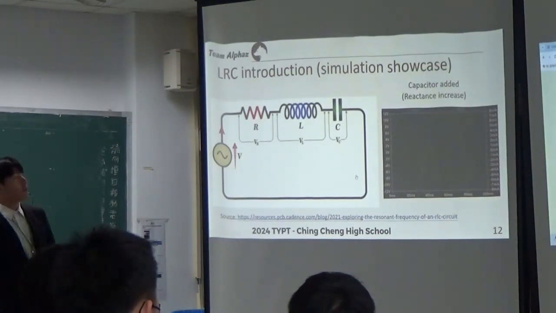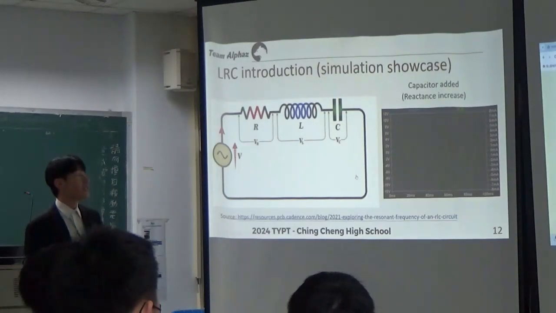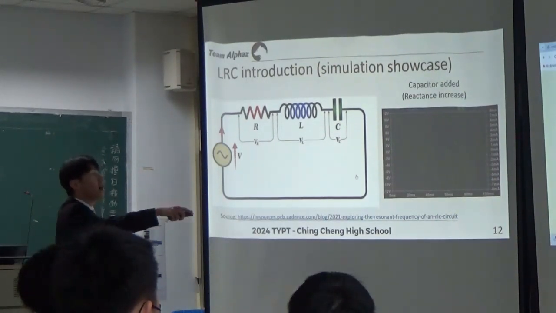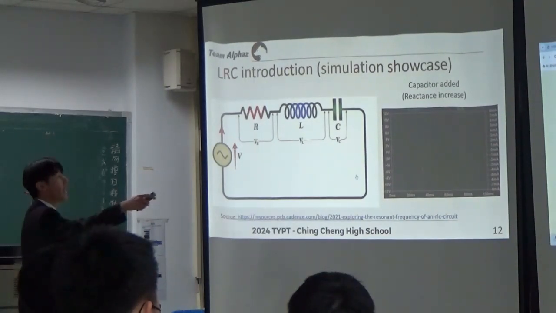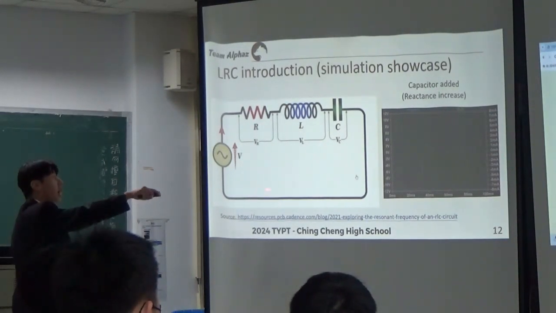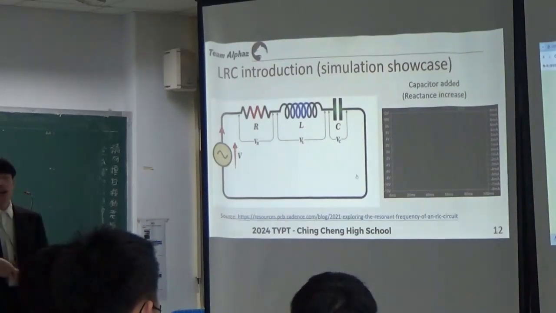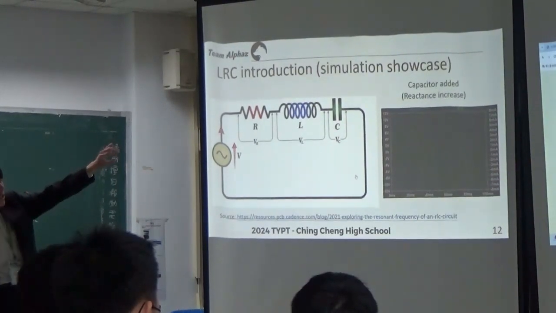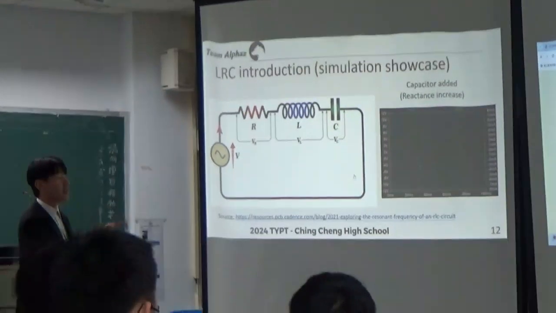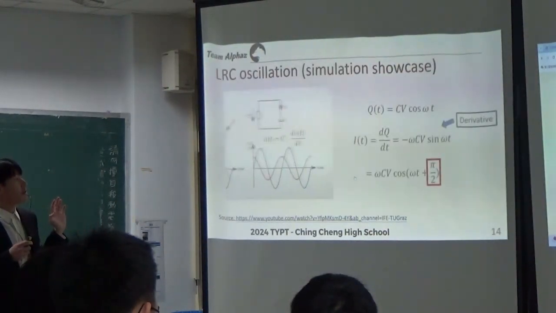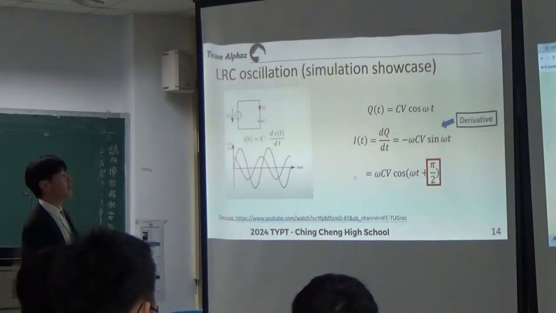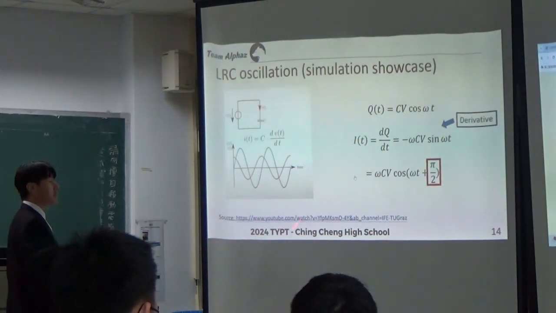Also, when the capacitor is added, the capacitor will also give a phase change, which we'll discuss later, and the reactance of the whole circuit will be changed, so the amount of current will be smaller.